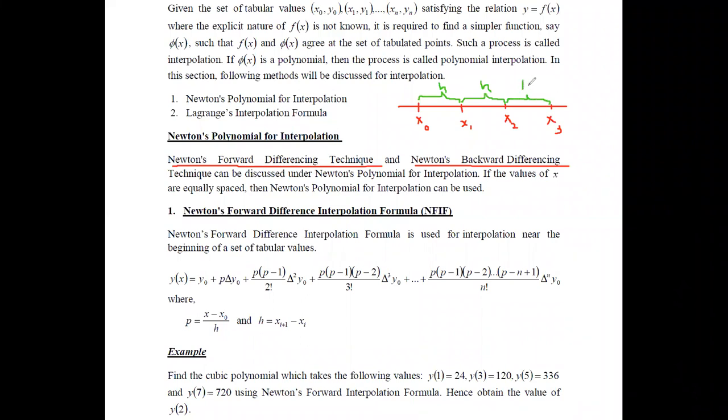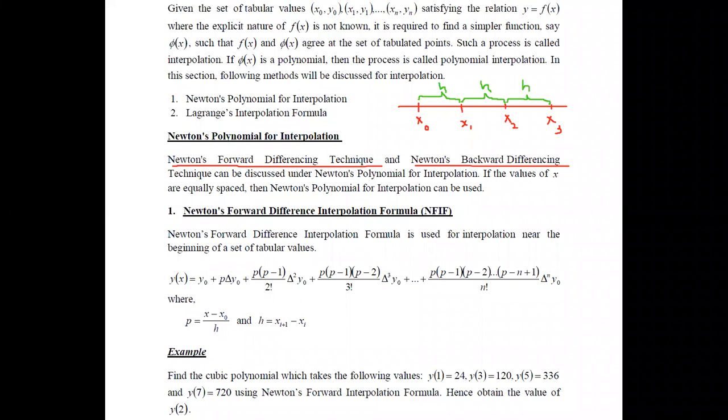This is what we mean by equally spaced values of x. The distance between any two consecutive values should be equal throughout the set of data. In such a situation, we can apply Newton polynomial for interpolation.